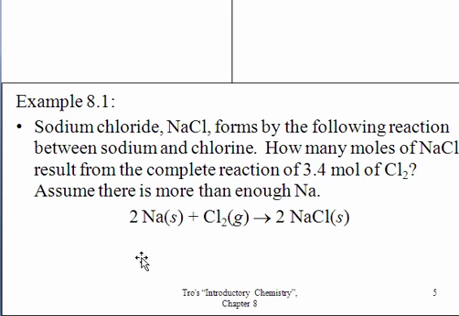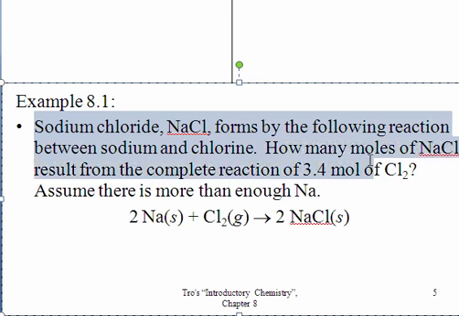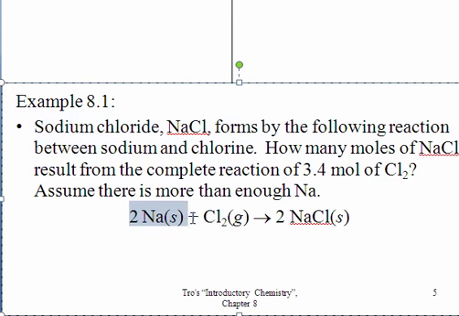So let's look at a typical example. Sodium chloride, NaCl, forms by the following reaction between sodium and chlorine. So here's our balanced equation, and you should be able to write this if you weren't given it. Here's sodium, here's chlorine.